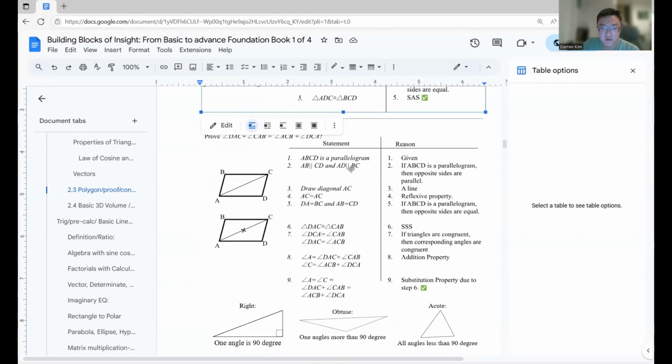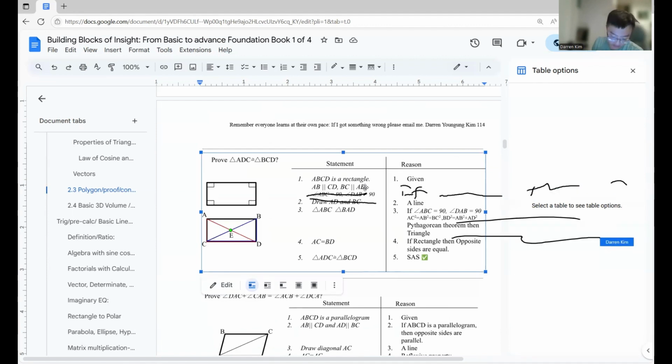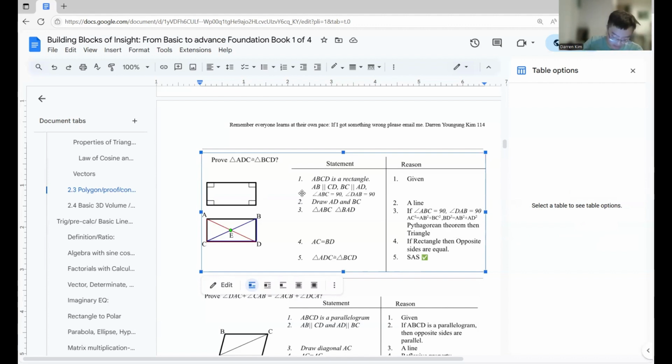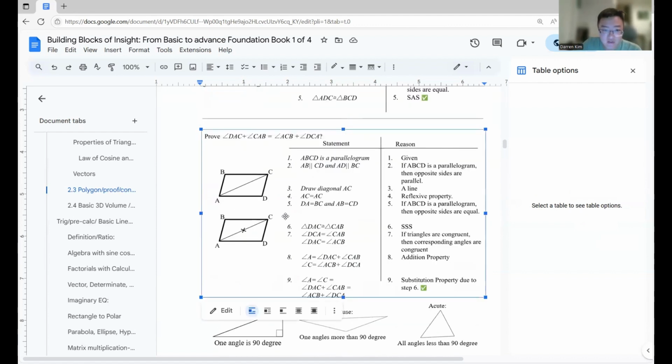For example, some people say that you're supposed to make each of these into an if-then: if it's a rectangle, then this is true, then this is true. But I get lazy and just put all that in a given because it's by definition, right? I'm just lazy about it. And it's okay to do that in my opinion for something obvious as a rectangle. I don't really care.